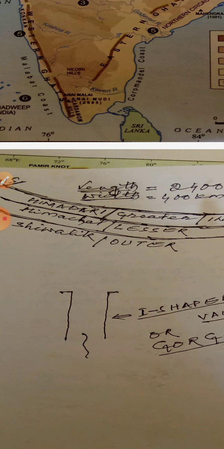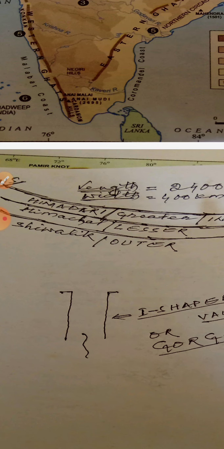The height ranges between 3,700 meter and 4,500 meter above mean sea level. The average width is about 50 kilometer. The Himadri range also has an average width of about 50 kilometer, and the Himachal also has an average width of about 50 kilometer.